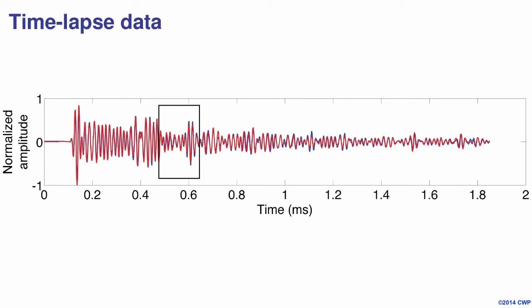So the decorrelation, which measures the differences in the time-lapse scattered waves, contains the information on the change in the amplitude and also the change in the phase. For our problem, we can compute this decorrelation for any part of the scattered waves. But for this presentation, I'll be just showing results from this specific time window defined by the black rectangle.